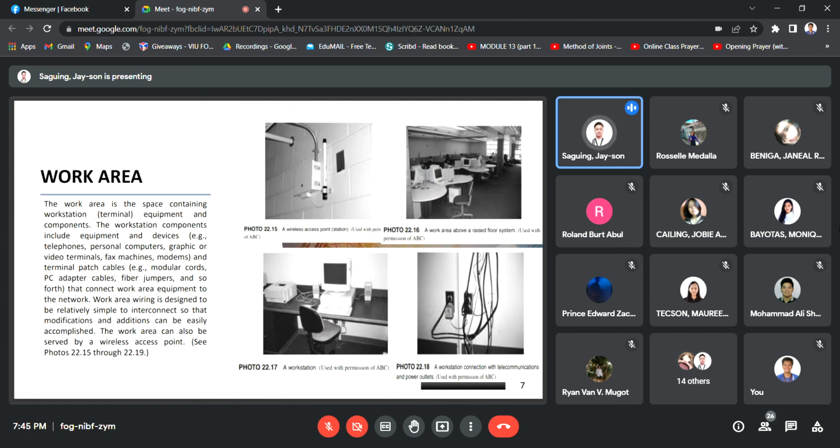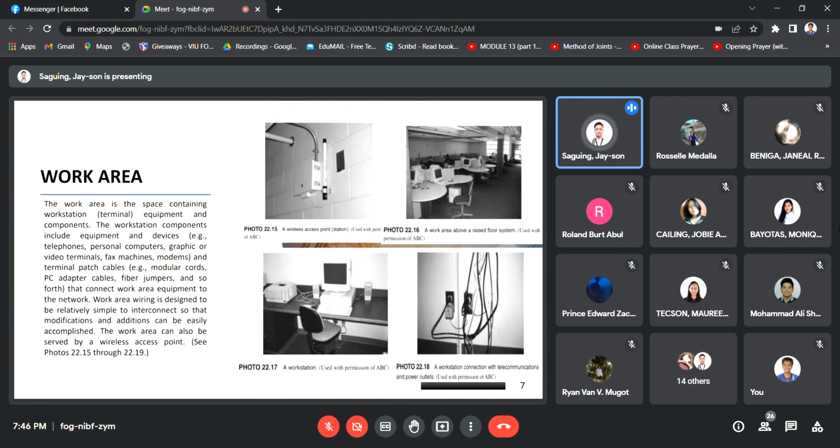The workstation components include equipment and devices, for example telephones, personal computers, graphic or video terminals, fax machines, modems, and terminal patch cables, for example modular cords, PC adapter cables, fiber jumpers, and so forth that connect work area equipment to the network. Work area wiring is designed to be relatively simple to interconnect so that modifications and additions can be easily accomplished.